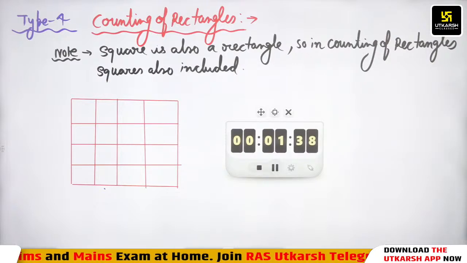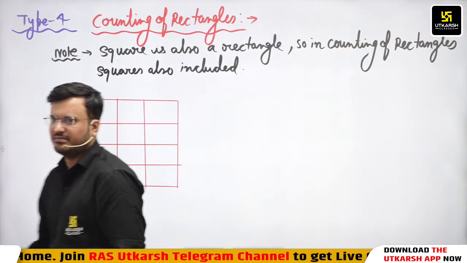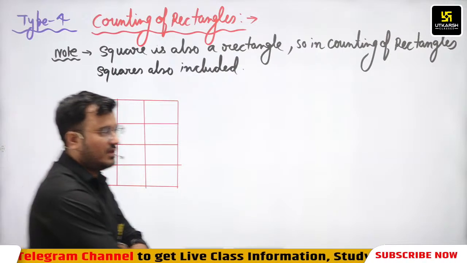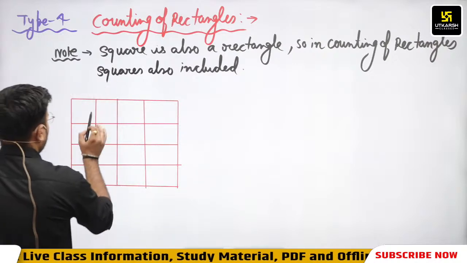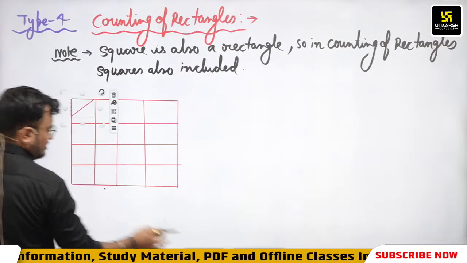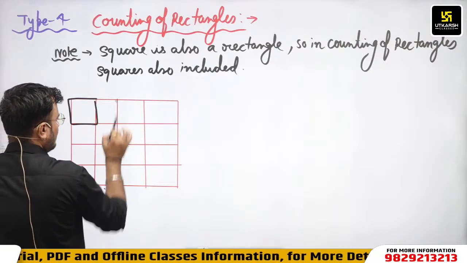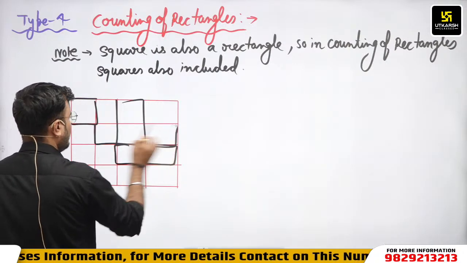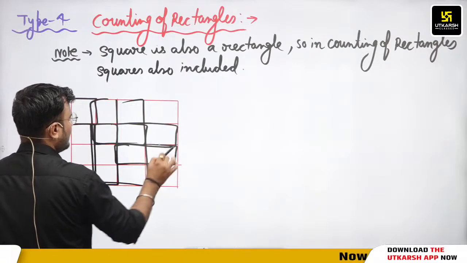So now you are able to see very clearly that counting the rectangles in this figure is quite impossible in the given time period. Because if you see, this is a rectangle, this is a rectangle, this is also a rectangle, and so on.